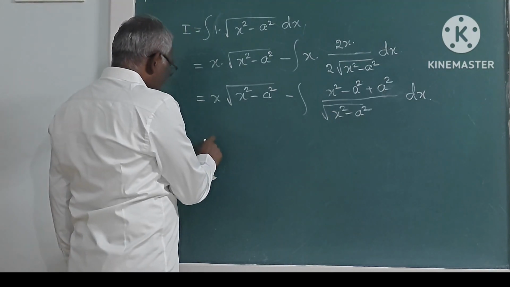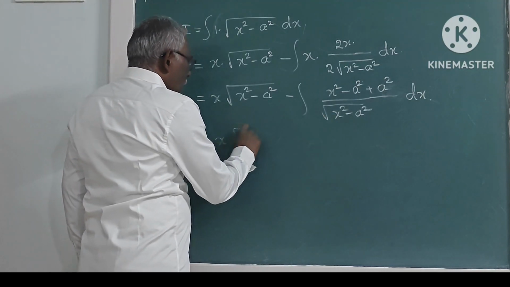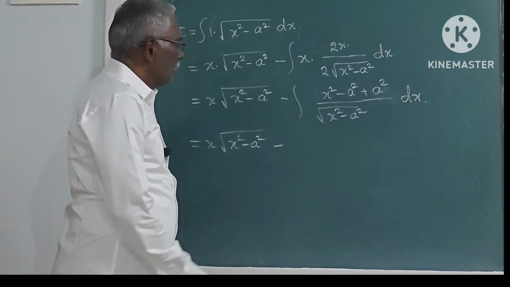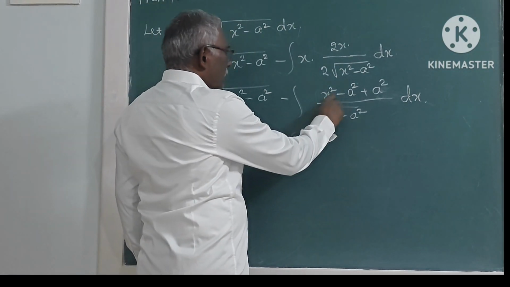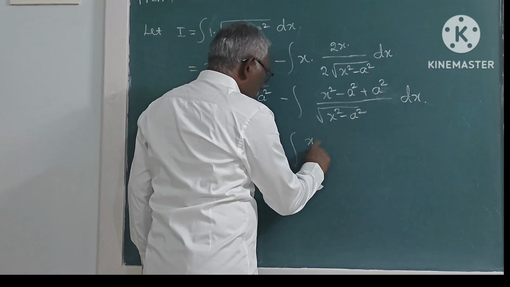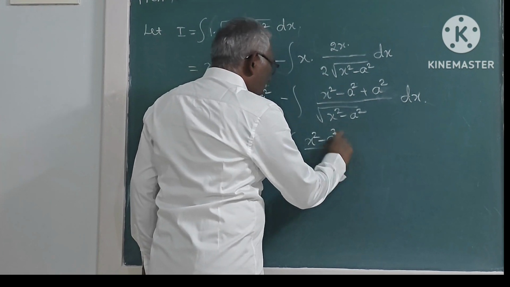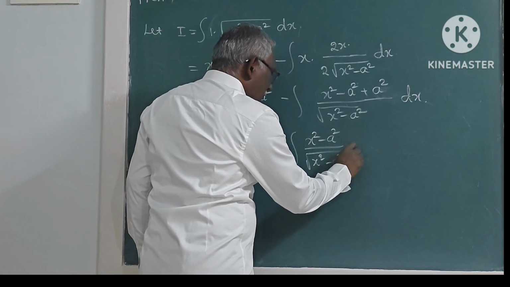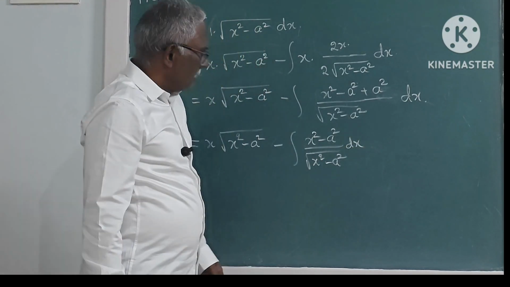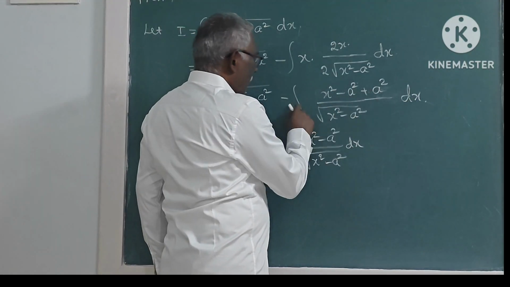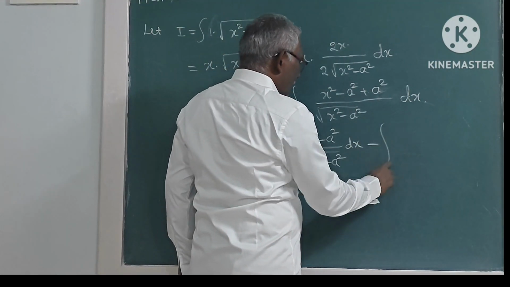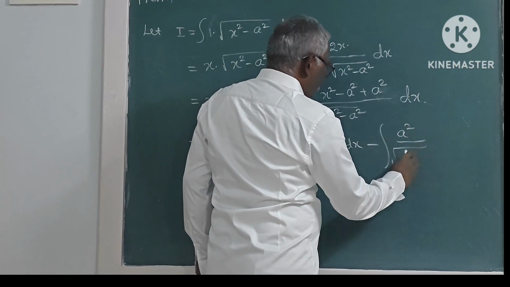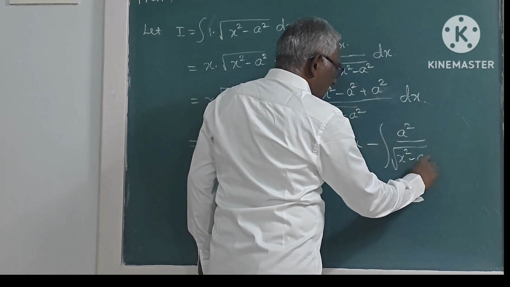So we will write this as x into square root of x square minus a square minus integral x square minus a square by square root of x square minus a square dx. Then minus into plus is minus integral a square by square root of x square minus a square dx.